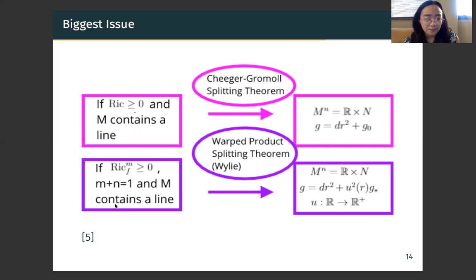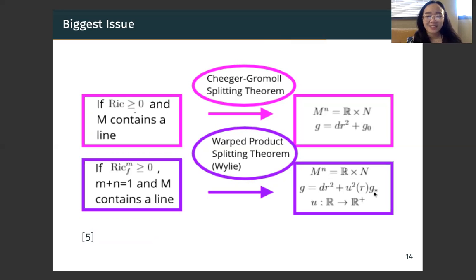So in the Ricci f^m non-negative, where m plus n equals 1 case, if M contains a line, then we have this warped product splitting theorem by Wylie, which says that, yes, the topology splits, the space splits as R cross N, it splits off this R. However, the metric doesn't split as the metric in R plus the metric in N. It splits as the metric in R plus this non-negative function squared times the metric in N. So this is the biggest hurdle that we have to deal with.